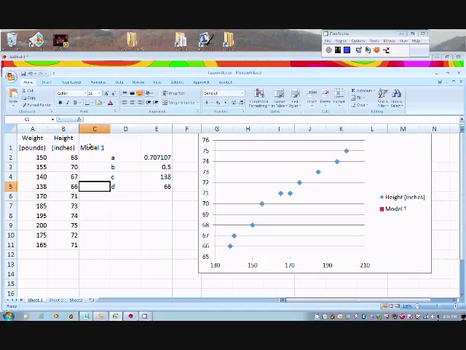So now we have those values locked in there, and our model 1, our formula was equal to our A value, which is this E2 cell. And then we want to lock that in, so we hit F4, and it puts the dollar signs in for us. And then we multiply that by our X, which is this A2 cell, so our weight in pounds, so our X. So A2, we do not lock this one in because we want it to drag down.